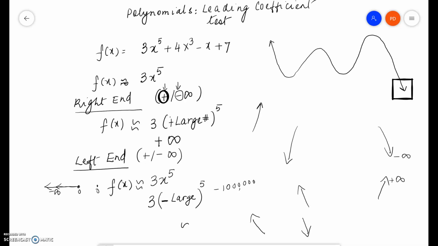Remember, I know that it's either going off to positive infinity or to the negative infinity. The only thing I need to determine is the sign. So a negative number to the 5th power is negative. So it's going off to negative infinity, which means it's decreasing indefinitely.